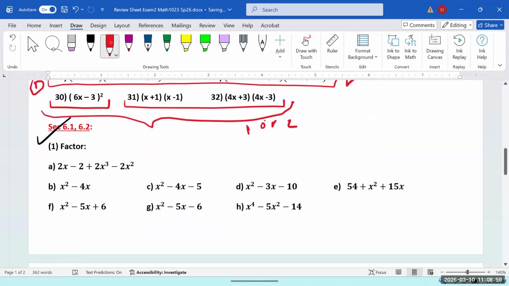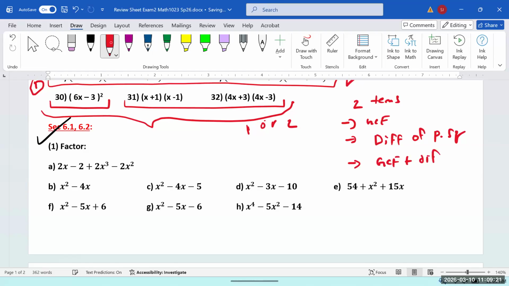From 6.1 to 6.5, they all are factoring. So for factoring, you're going to have two terms with GCF, with difference of perfect squares, and then GCF plus difference of perfect squares for two terms.